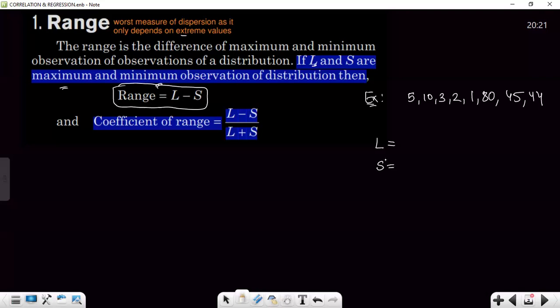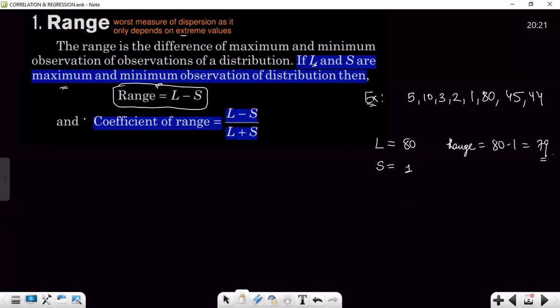Can anyone spot the maximum value? I would really appreciate your attention in the class. Yes, 80, sir. It is maximum. And what's minimum? 1, sir. Yes. So the range is L minus S. 79 is our range. That's how we find the range.